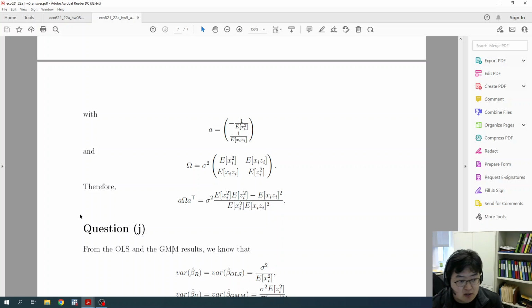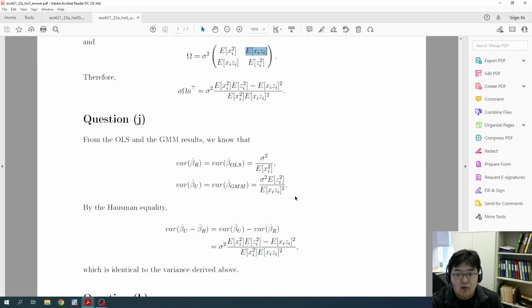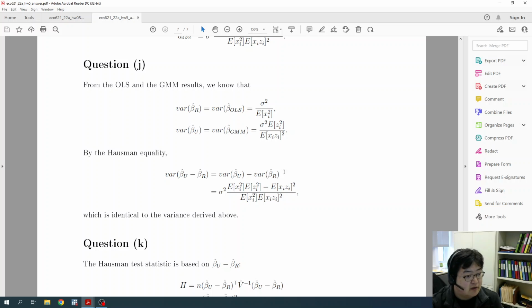In the earlier question, the covariance terms capture the covariance between beta u and beta r and matter in your calculation. But now, by virtue of the Hausman equality, you don't need to.